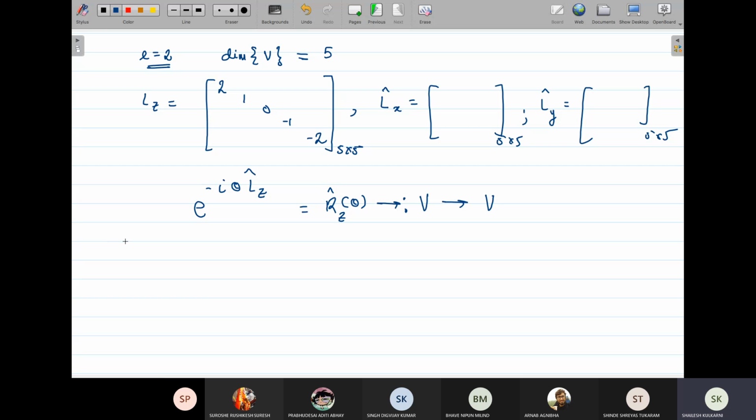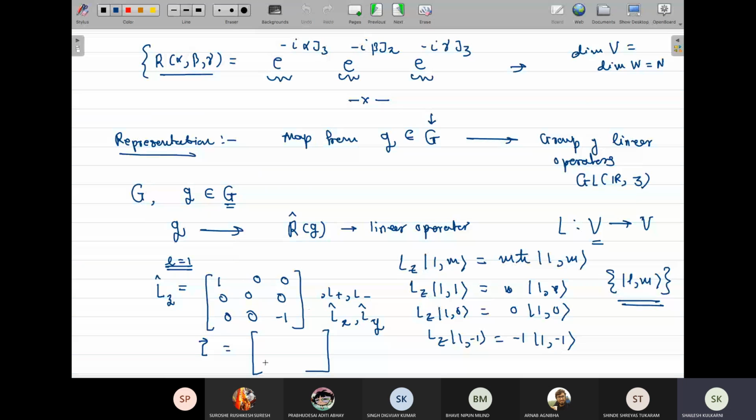In this case, it is a 5-dimensional representation, right? Similarly, this representation is a three-dimensional representation. Then you can have six-dimensional representation, seven-dimensional representation, n-dimensional representation in general.